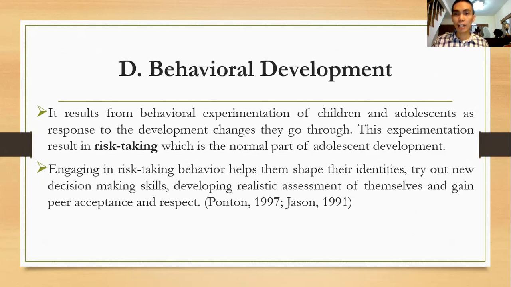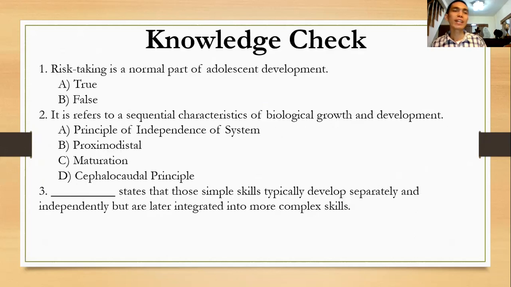And then before we end, just to check our takeaway or knowledge. All right, knowledge check. Number 1: Risk taking is a normal part of adolescent development. Is that true or false? Okay, next one. Number 2: It refers to a sequential characteristic of biological growth and development. Letter A, principle of independence of systems.